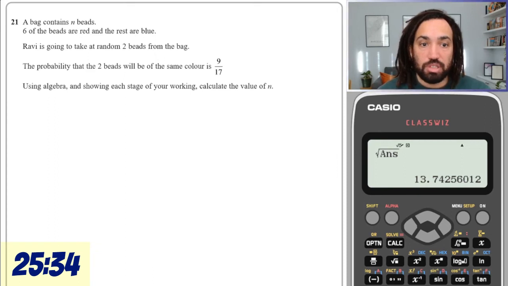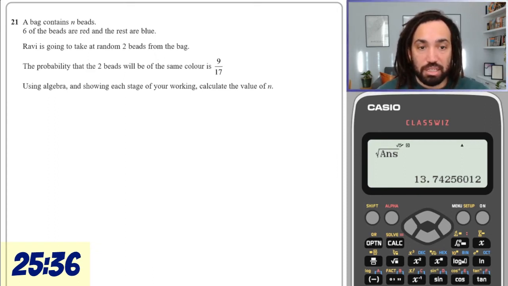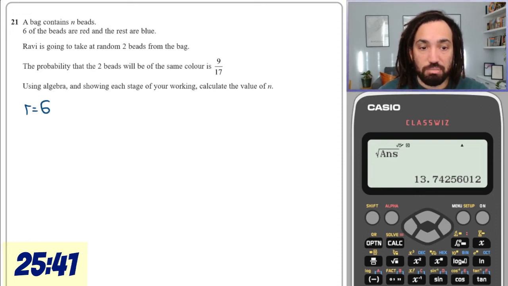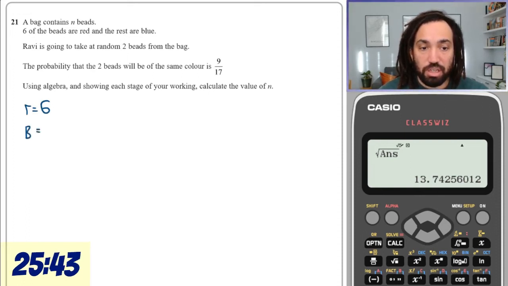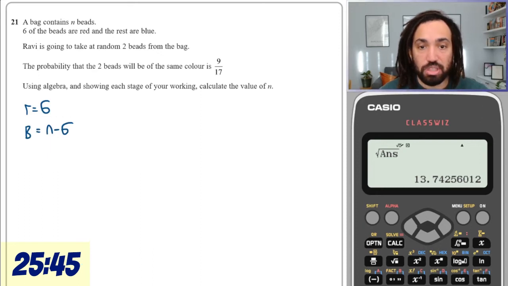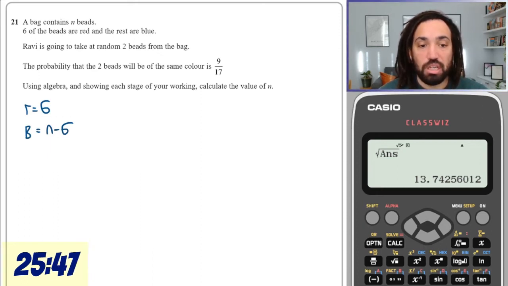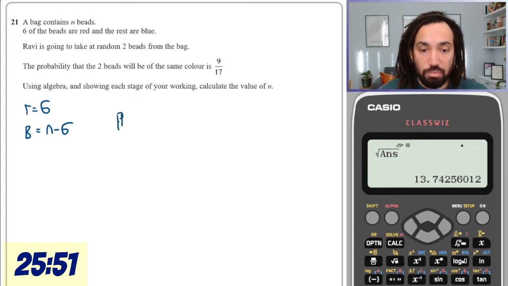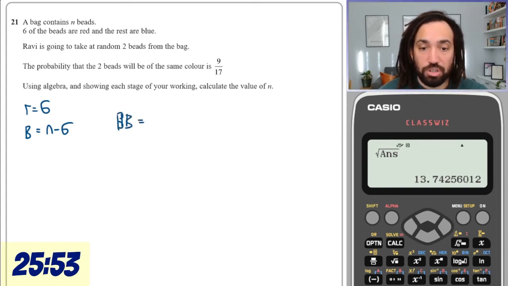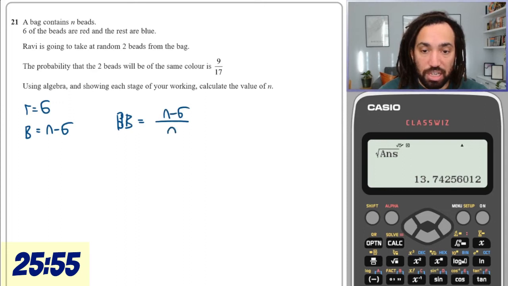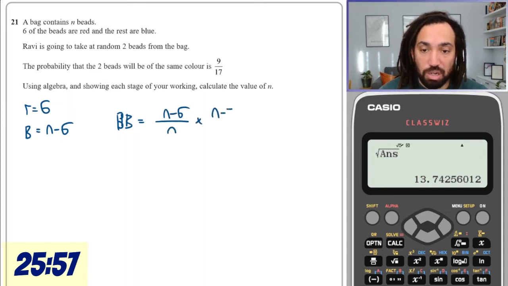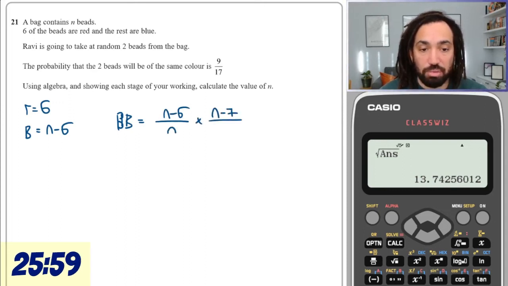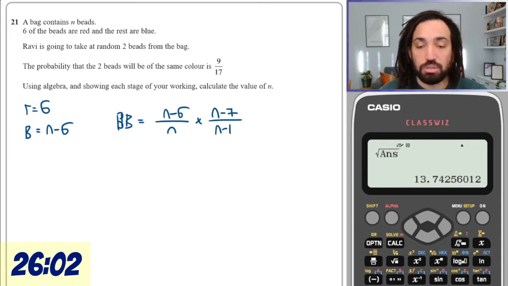Okay, so n beads in the bag. 6 are red. Okay, so red is 6, which means that blue is n minus 6. The total take away the red ones. Okay, so if we want blue, then we'd have to do n minus 6 over n multiplied by, there'll be one less number of blues available, and there'll be one less in total.